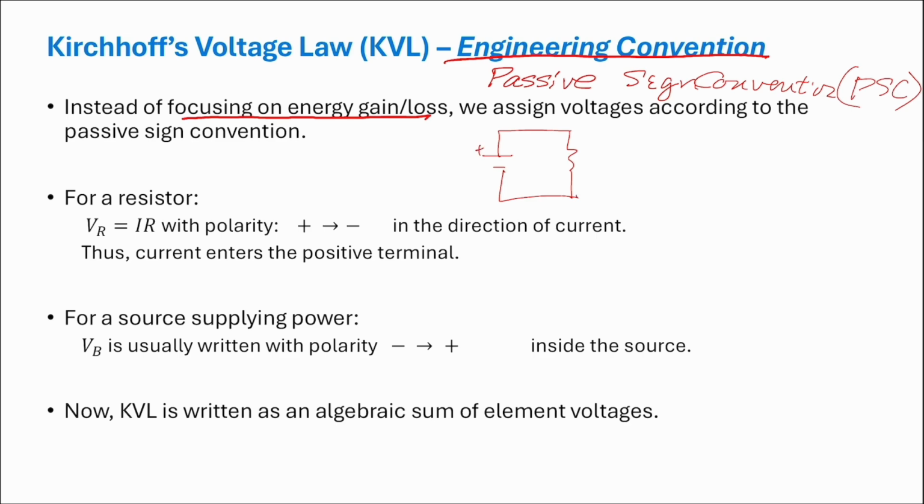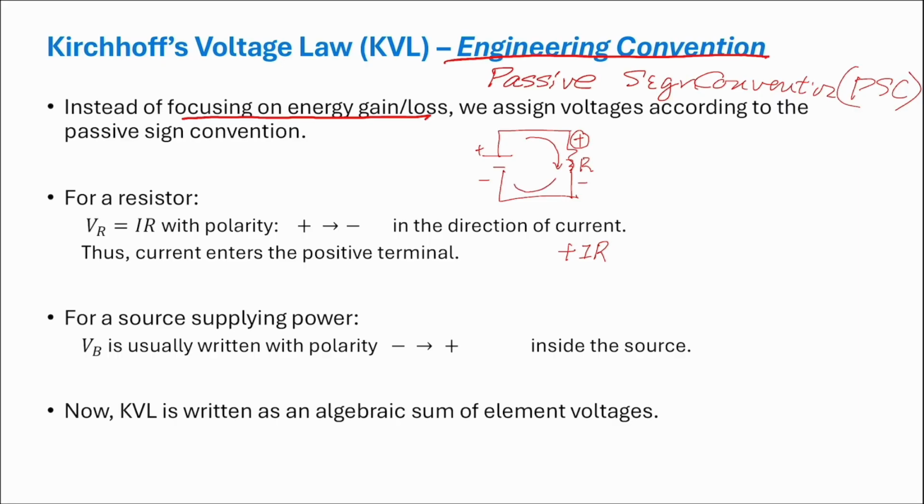This is positive, negative. Now for the R here, this is high potential, this is low potential. So when you enter the R from the high potential, it becomes positive. So this time it is positive IR.